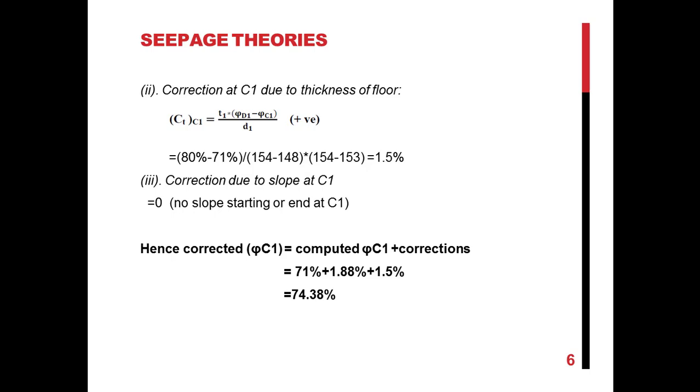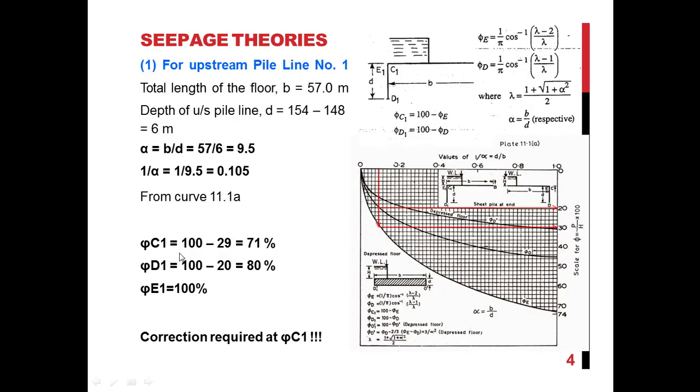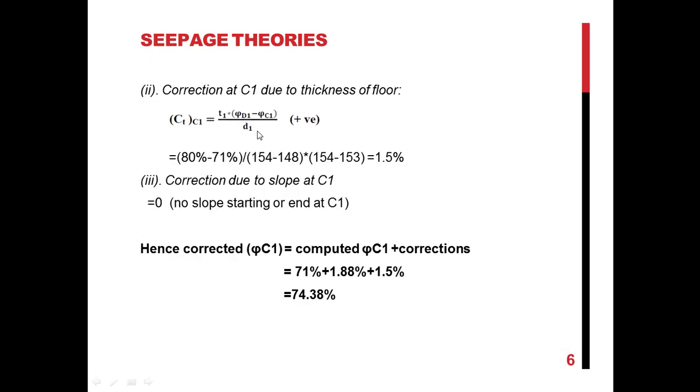Now we have to find correction due to thickness of the floor. So correction due to thickness of the floor, CT, at C1, is equal to T1 into (phi D1 minus phi C1) divided by D1. Here phi D1 is equal to 80% and phi C1 is equal to 71%, already found out.